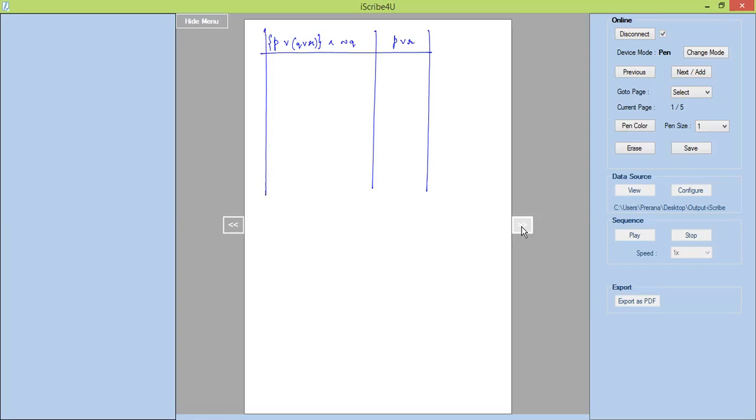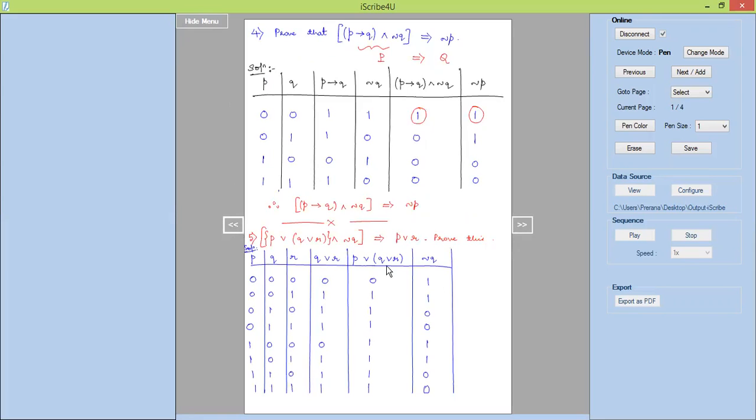So we have and between the last two columns what we did: P or Q or R and negation Q. So and means when both the truth values are 1, then only the resultant is 1.